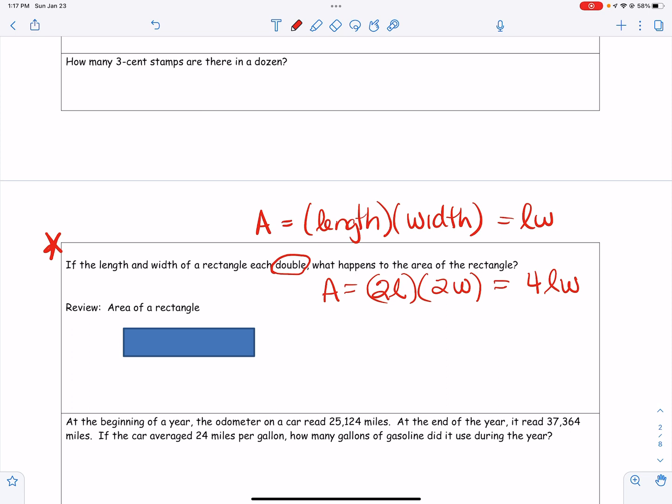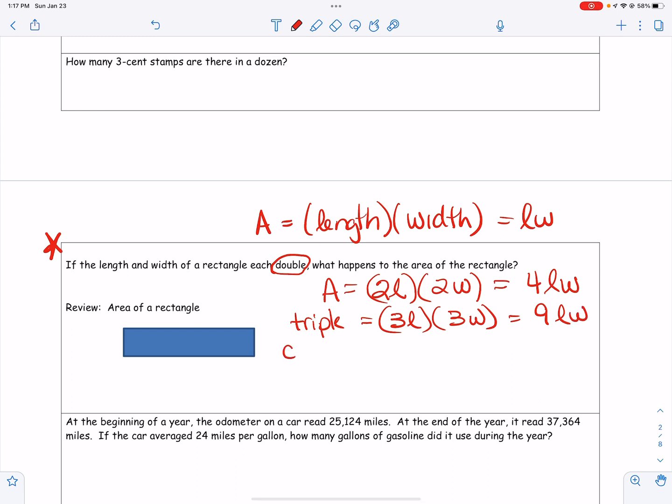It takes that number that you're taking by the sides, and you're going to multiply it by itself. So if you're tripling each side, that would be 3L times 3W. Your area would change by a factor of 9.